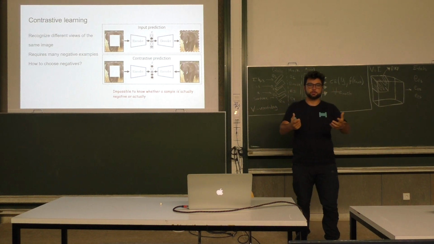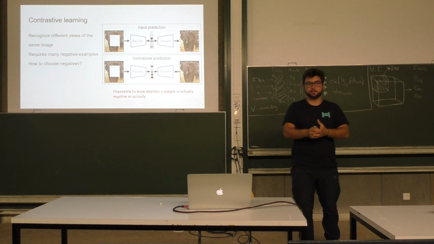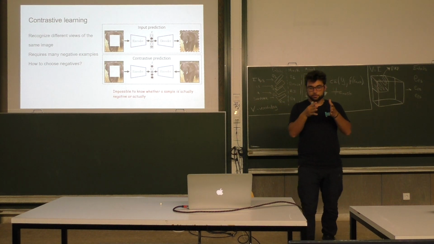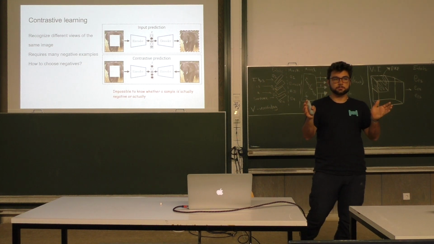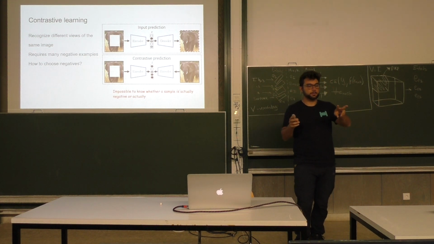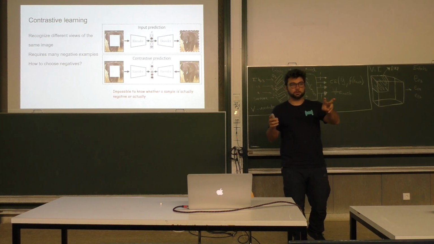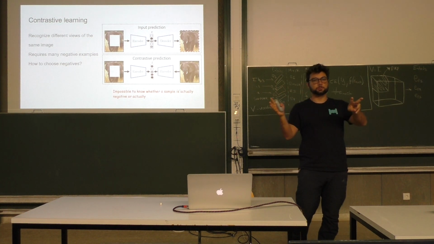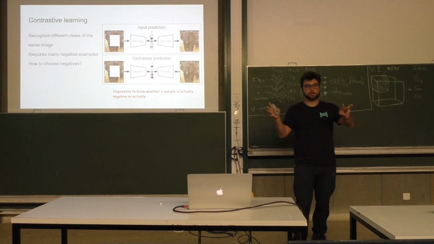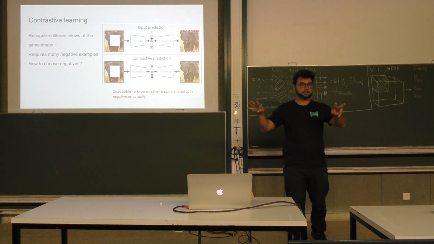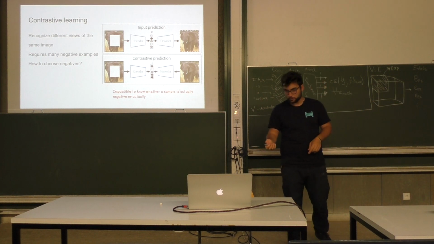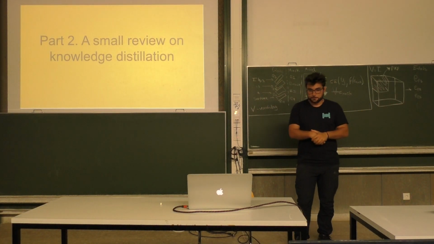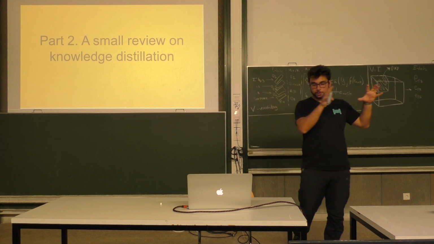Because we don't have the human annotated information to explicitly tell us that you should push away this pair of views of a dog with respect to all the images that don't have this label, like cats or airplanes or trucks. Okay, we saw this part.